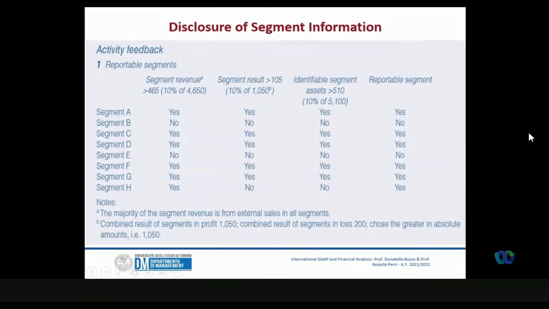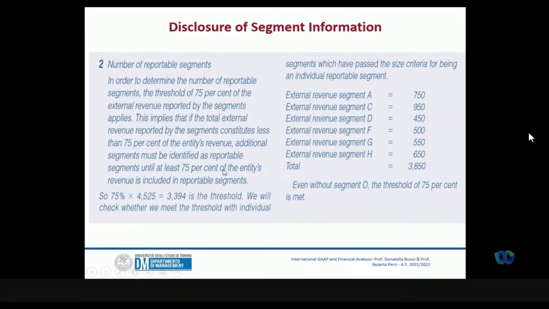Of course, we have to check if the reportable segments account for more than 75% of the total revenue of the company. So what we do is add together the total revenue of the reportable segments, and we find that it is 3,850, whereas the threshold should be 75% of the external revenue.